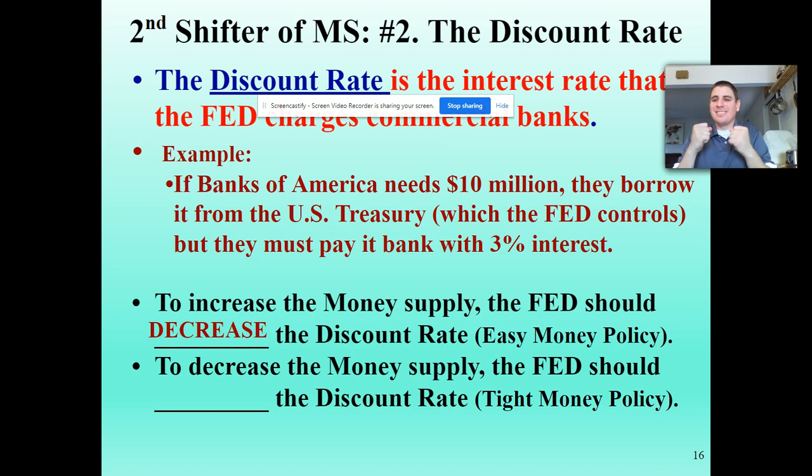This is going to make banks less likely. They feel tight. Ooh, I don't want to loan out all my money. I don't want to fall below the required reserve because I have to pay a high discount rate. So to decrease the money supply, right?